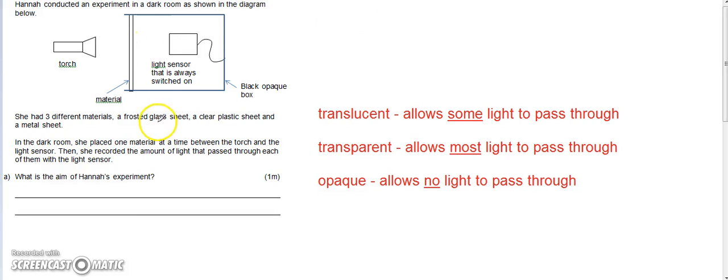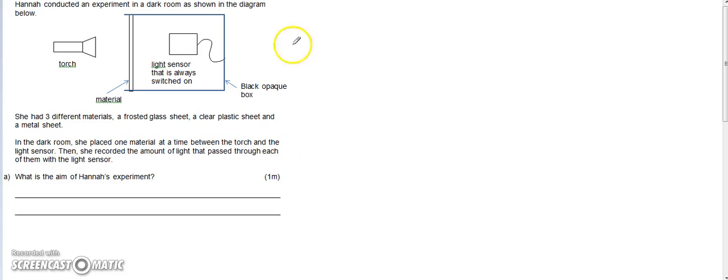We know that a clear plastic sheet is transparent, right? And we know that the metal sheet is opaque. We know this, right?